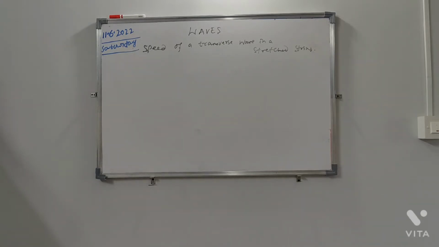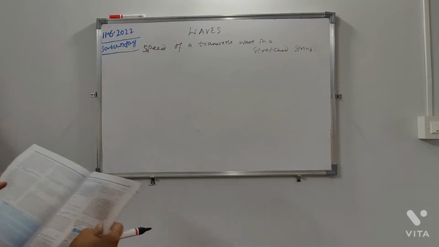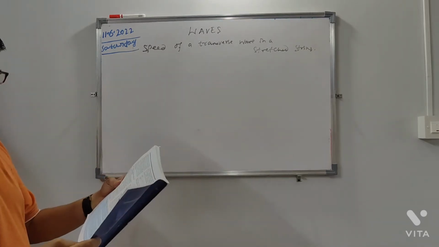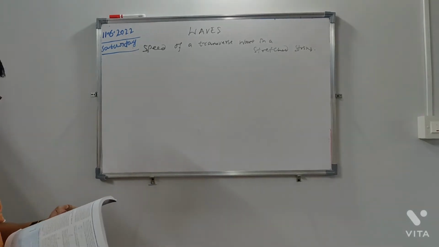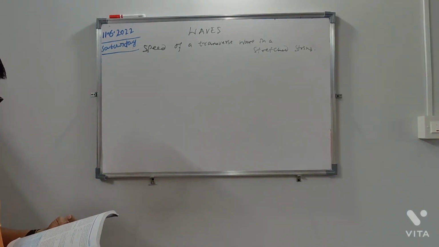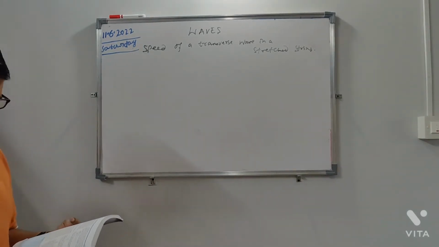A steel wire of 0.72 meter long has a mass of, let us say, 5 gram.